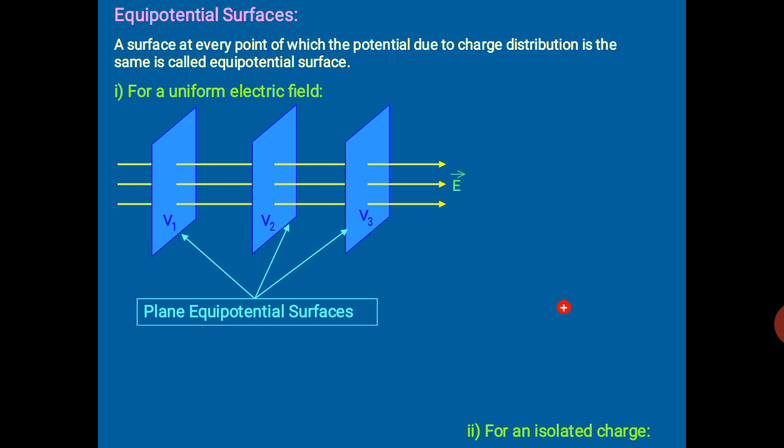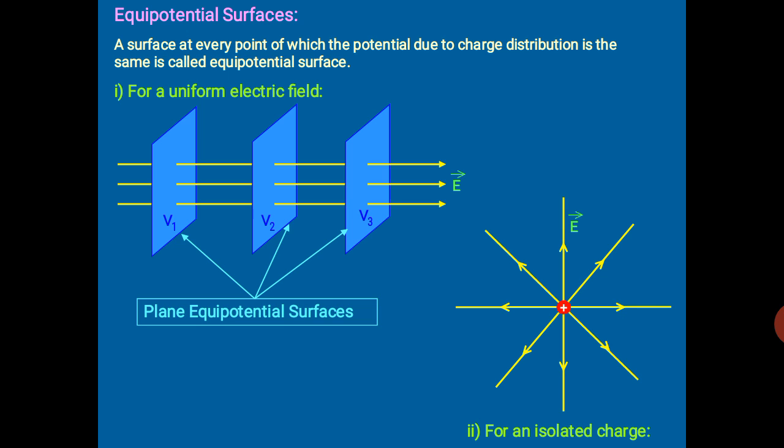Second one, for an isolated charge, the spherical surfaces are equipotential surfaces.